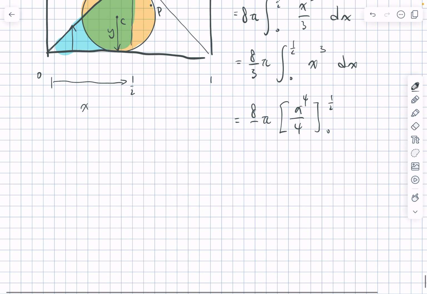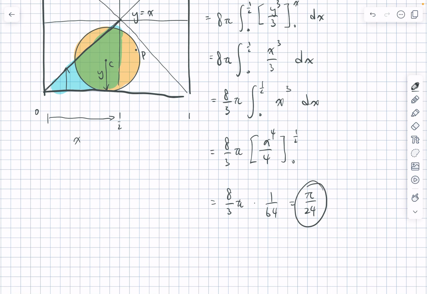So expanding this out, 1 over 2 to the 4 is 1 over 16, divided by 4 again, that's 1 over 64. So 1 over 64 minus 0 is 1 over 64. So 1 over 3 pi times 1 over 64 is equal to pi over 24.